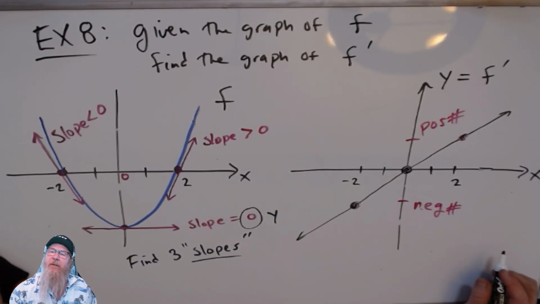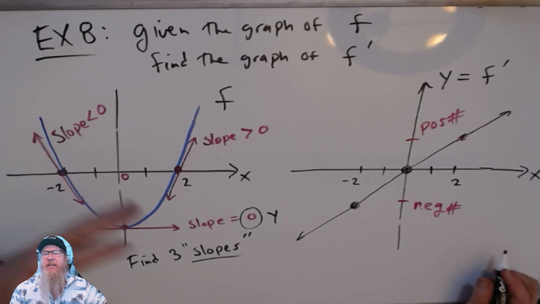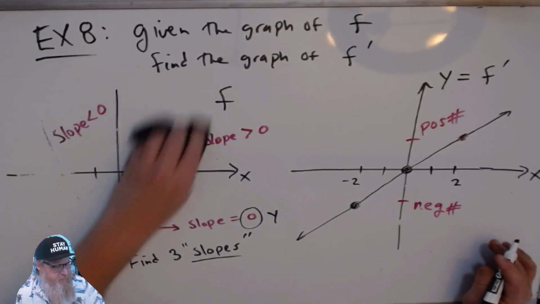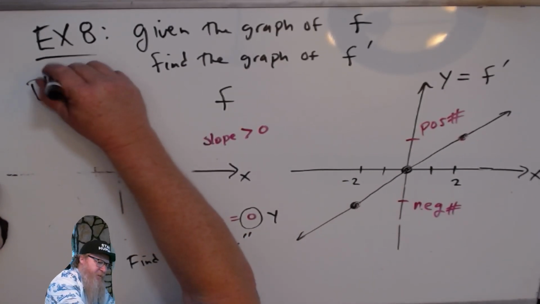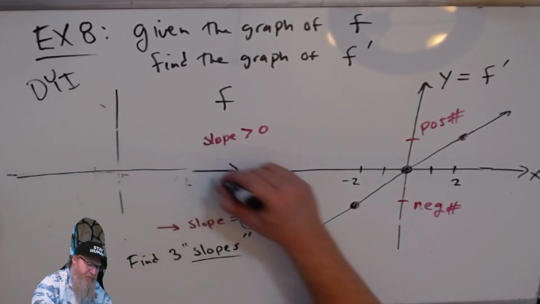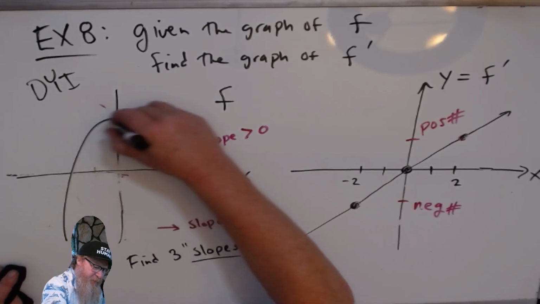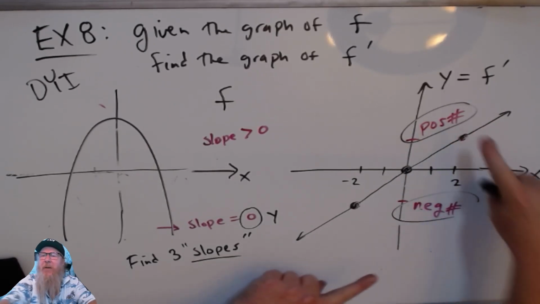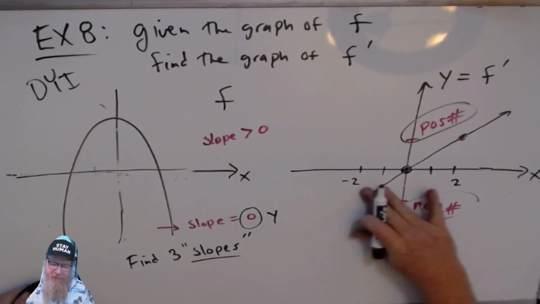Okay. I'm going to leave it as a DIY for you, so I can move on to the next example. If I flip the parabola upside down, then you would switch the positives and the negatives.